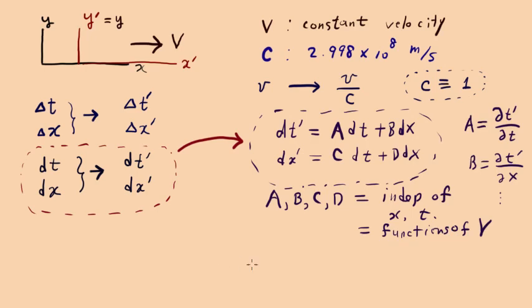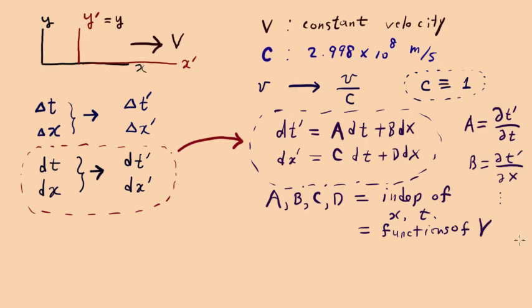So A, B, C, D are functions of v. So now let's make some serious input to this structure. What we said was that if the speed of light is c measured from one reference frame, then the speed of light is also c in the other reference frame.